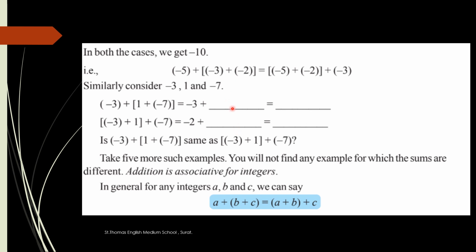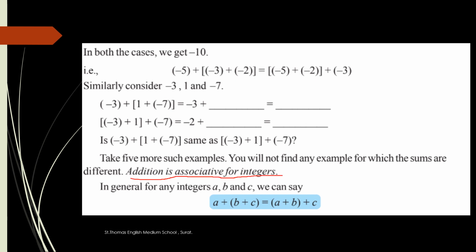This you can check yourself, complete it yourself, and check whether both answers are same. Okay. Take 5 more such examples. You will not find any examples for which the sums are different. So what we can say, addition is associative for integers.